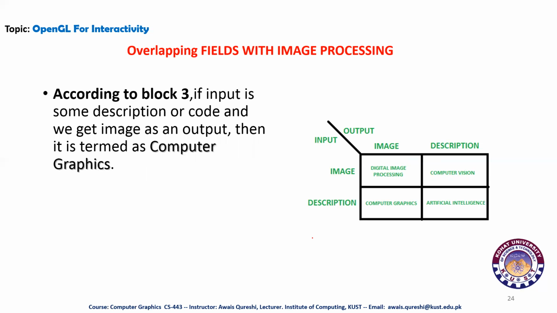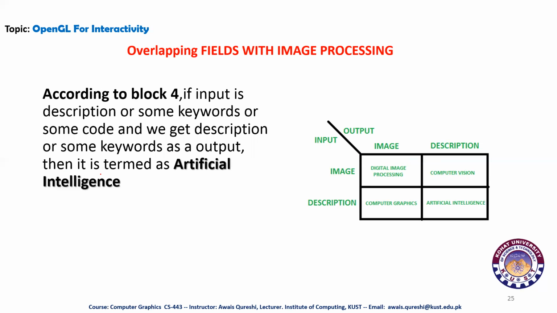And according to block 3, the input is a description in the form of written code, and it is the responsibility of the graphics engine to render that code into a visible object. So this is called computer graphics. And according to block 4, input is description and the output is also a description.